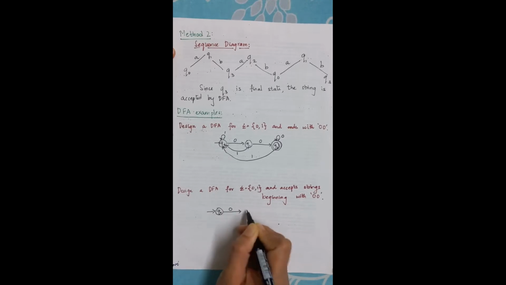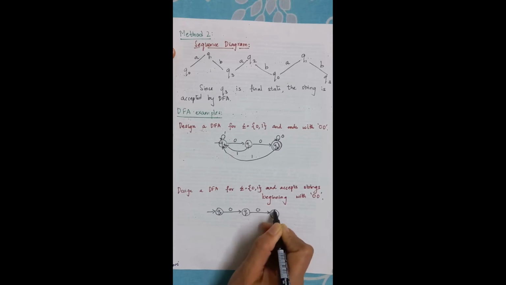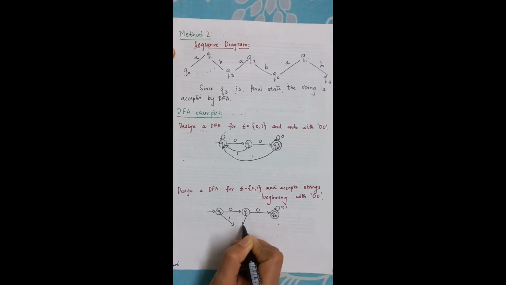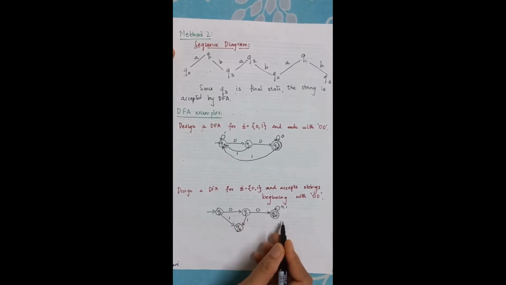So initially I need to have 0, 0, following which there can be 0 and 1. That is not the problem. But initially, if I get a 1, then I'm redirecting. And from here also I'm redirecting it to a dead state from which it's not possible to come back.